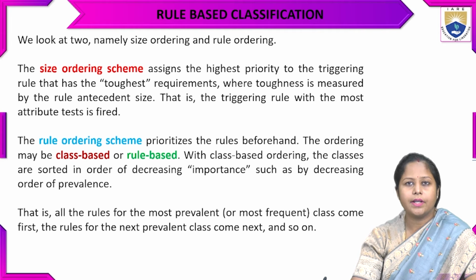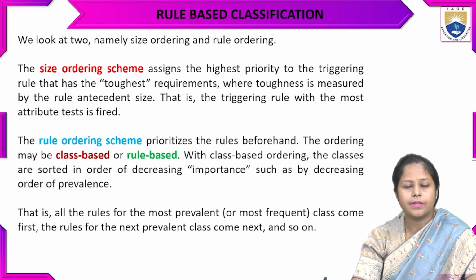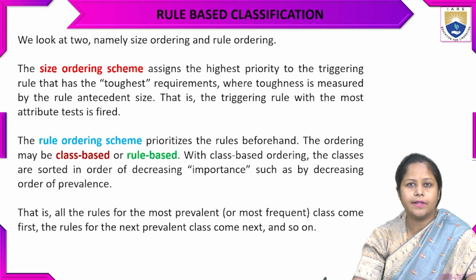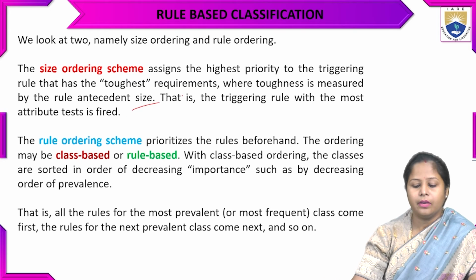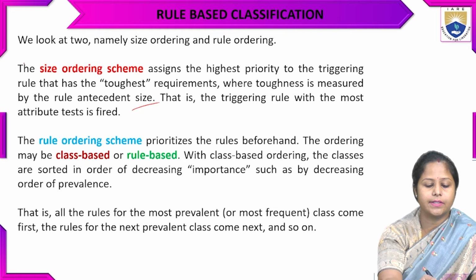The size ordering scheme assigns the highest priority to the triggering rule that has the toughest requirement, where toughness is measured by the rule antecedent size. That is, the triggering rule with the most attribute tests is fired. So that was the size ordering scheme.